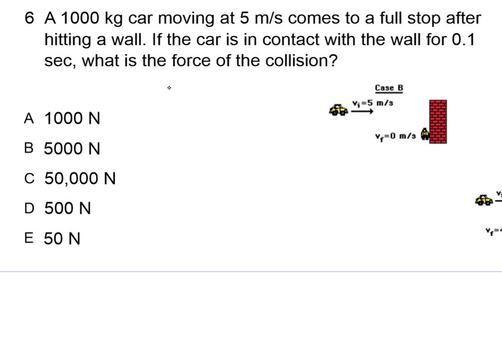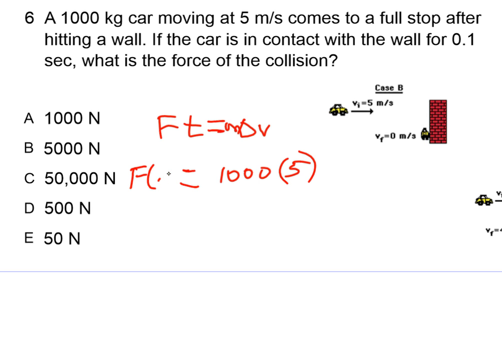So we're going to calculate force times the time is equal to change in momentum. It's a 1,000 kilogram car. The change in velocity is 5. We calculated that. And therefore, if the time of contact is 0.1, then the force is equal to 50,000 newtons.